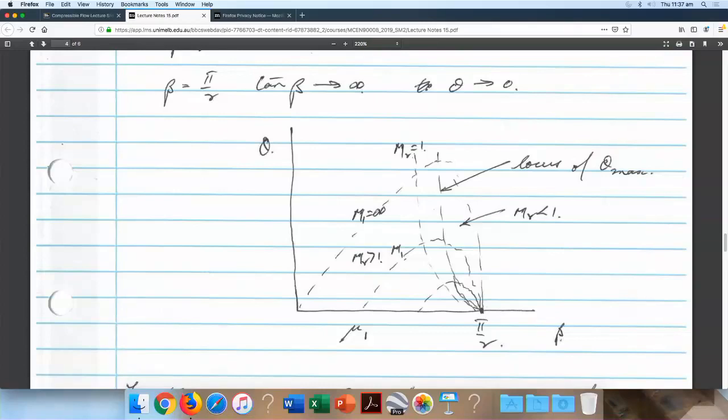A very important result from this figure is that you would expect theta to have some maximum value when beta is between mu and pi on 2. If theta is 0 here and 0 here, then it's telling you there's going to be some maximum in between. Now that proved to be extremely significant.